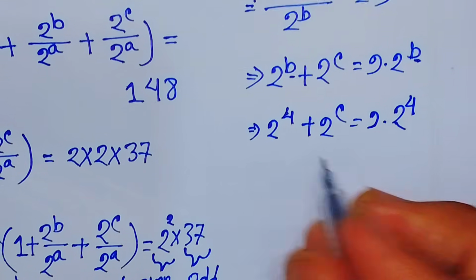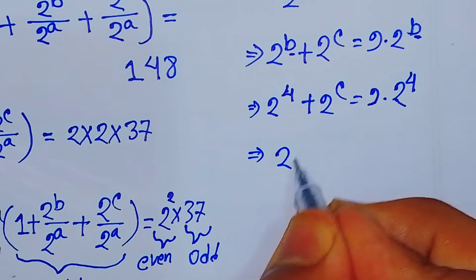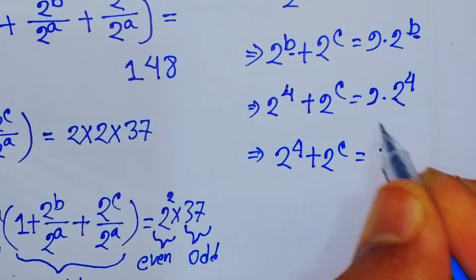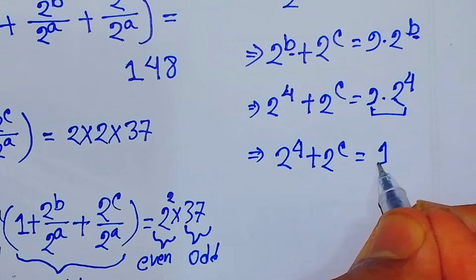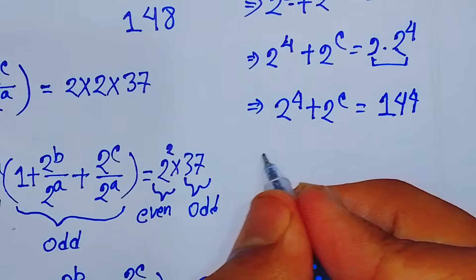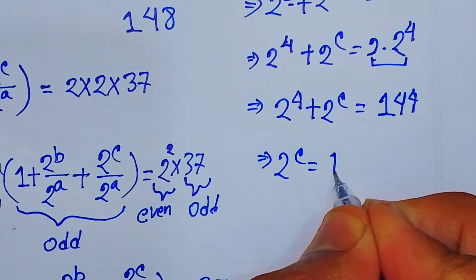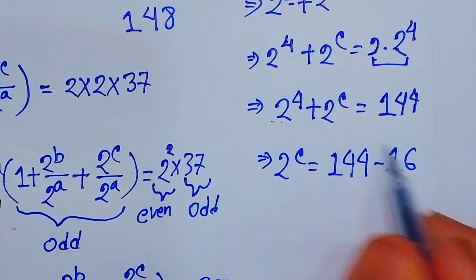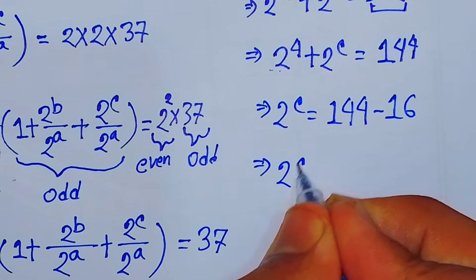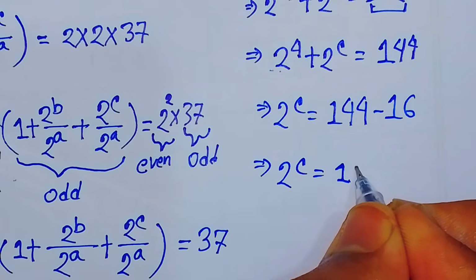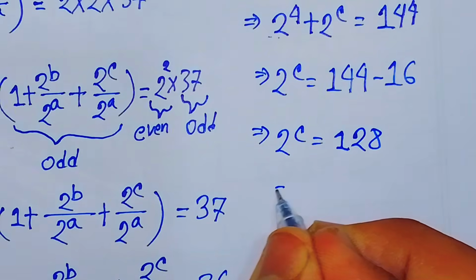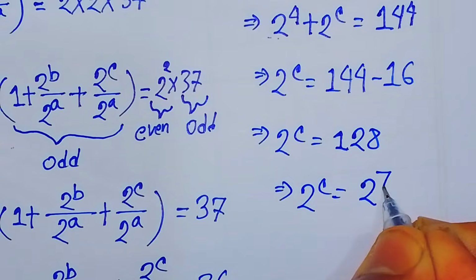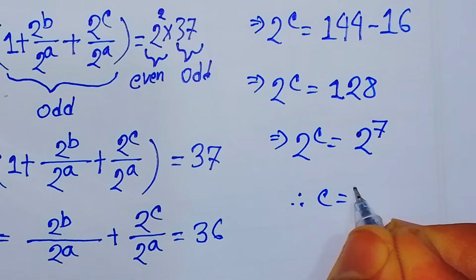After that we get a simple equation: 2 to the power c equals 144 minus 2 to the power 4, which is 16. So 2 to the power c is equal to 128. So 2 to the power c is equal to 2 to the power 7. So the value of c equals 7.